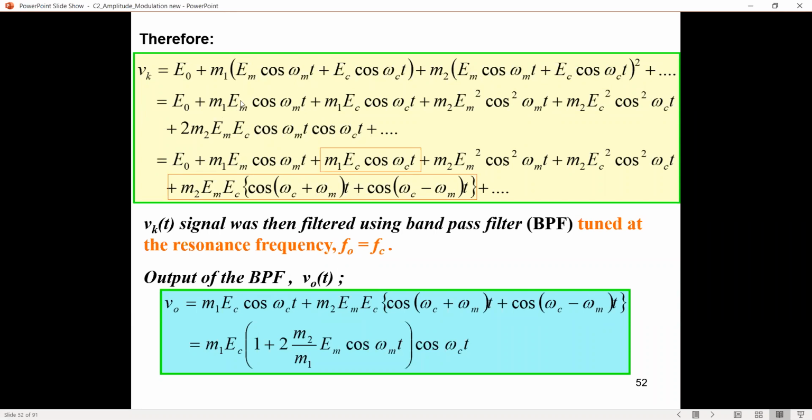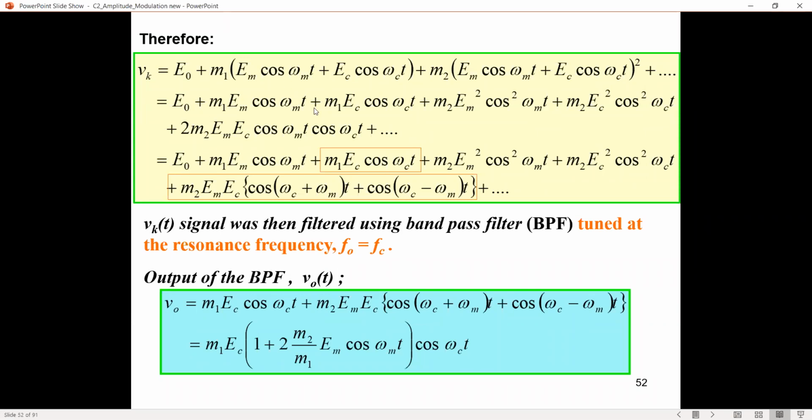Then we just expand. We get E0 plus M1 EM cos omega MT plus M1 EC cos omega CT plus, and when we square it, it becomes M2 EM square cos square omega MT, plus M2 EC square cos square omega CT, and 2 M2 EM EC cos omega MT cos omega CT.